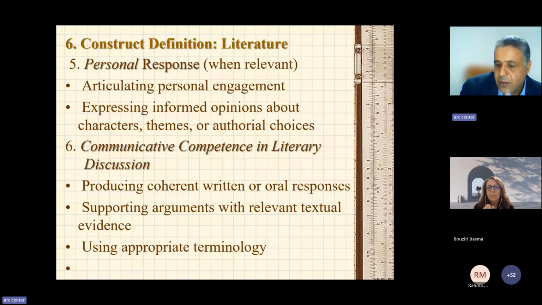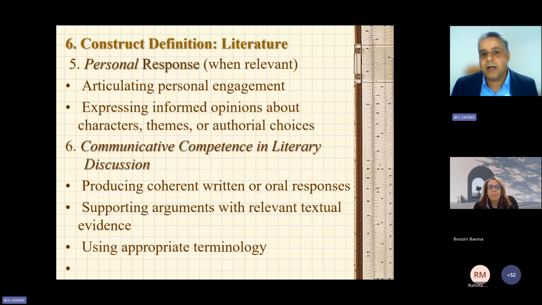If the learner does not know how to write, automatically he or she will get below the average. The language is very decisive in such types of tests, especially in the essay format.